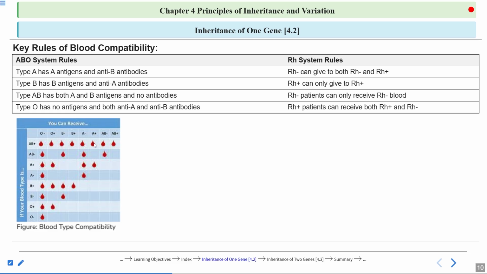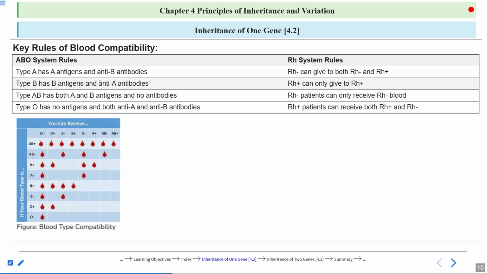Clear? Then AB negative can receive blood from these. Then for the other person, who can receive is written here. Clear? So this is a table.